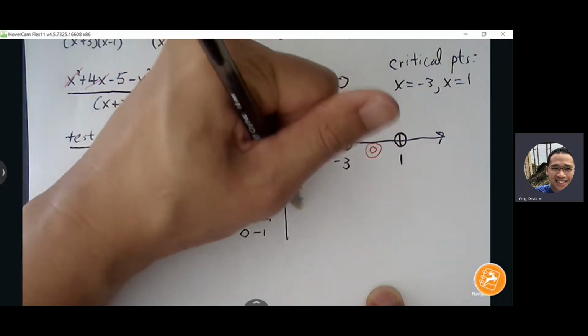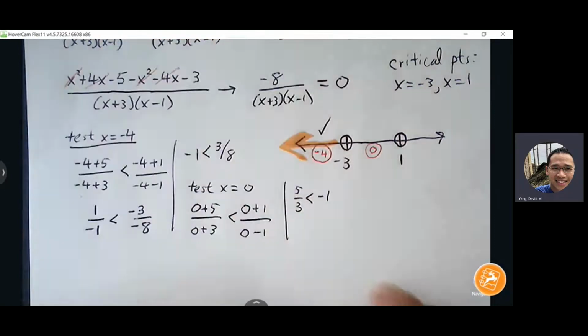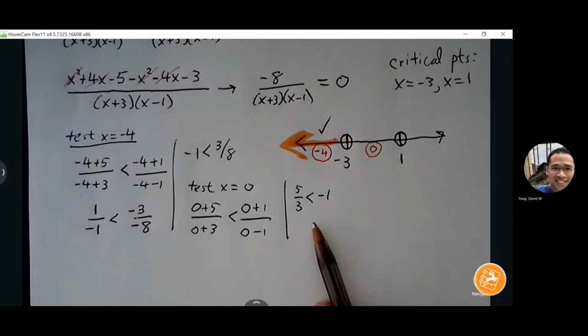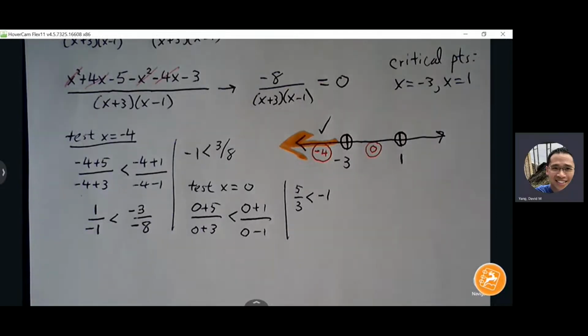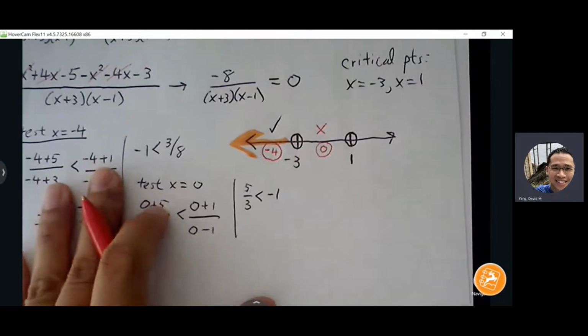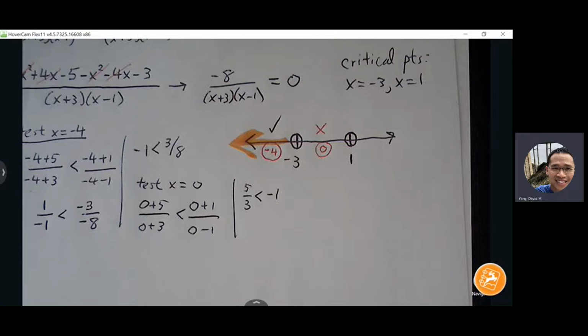Okay, 5/3 is less than -1. Is that true? No. Yeah, false, right? So if it's false, we know that the second interval is not part of our solution. We can ignore it. Let's move on to the third interval.